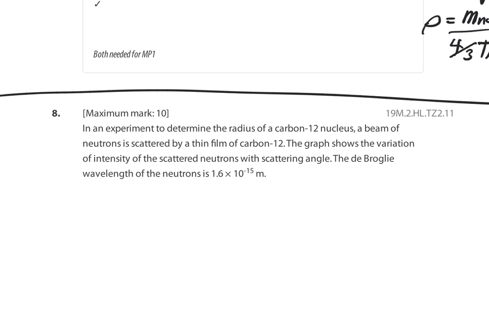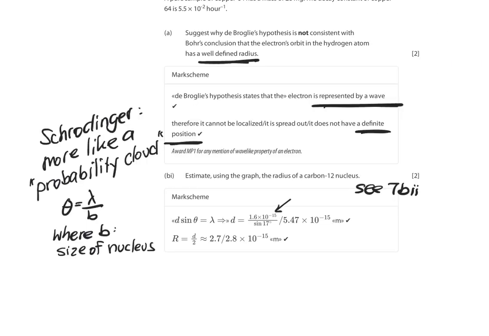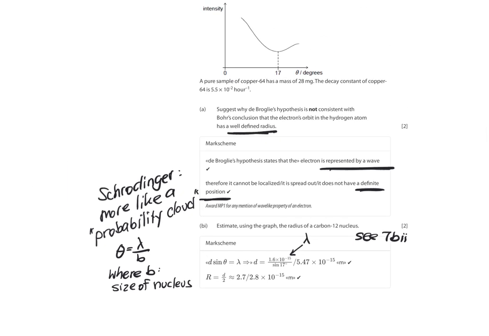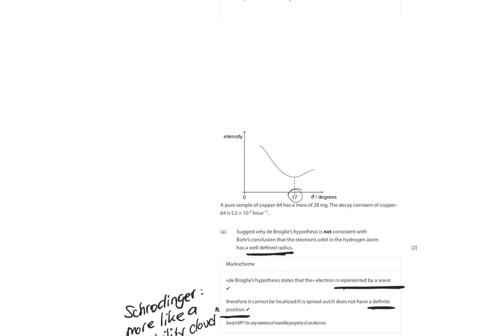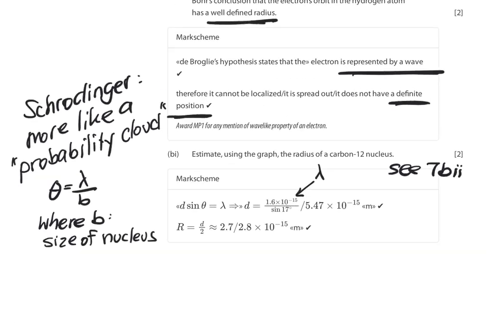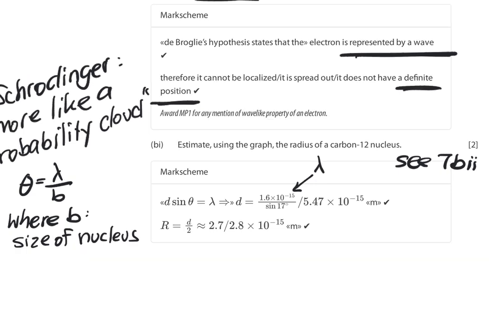The wavelength is given back here, 1.6 times 10 to the negative 15 meters. That's lambda. And then the angle is taken from the graph up here, where we have our minimum at 17 degrees. That's where the 17 comes from.